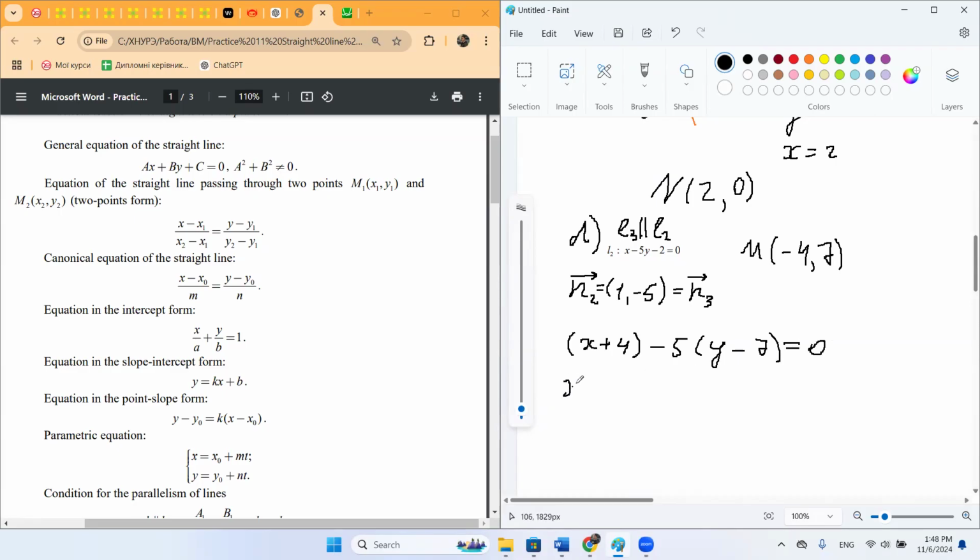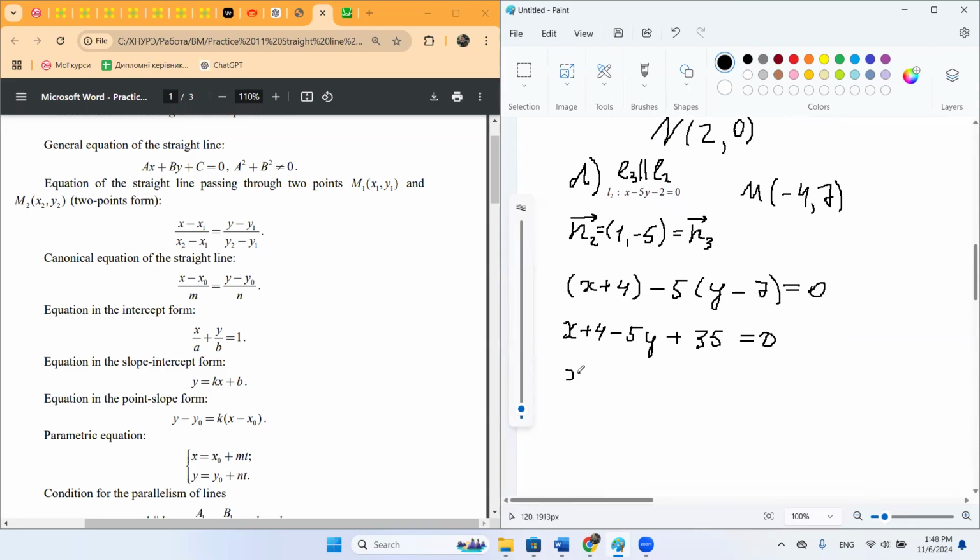If we expand the brackets, we get the general equation of the straight line: x minus 5y plus 39 equals 0. So this is the equation of line L3.